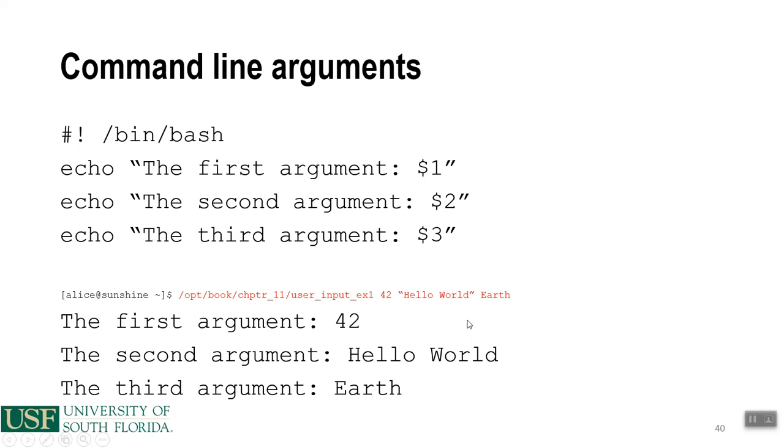So command line arguments. Say that we have this particular script right here. Shebang /bin/bash, echo, the first argument is $1, the second argument is $2, and the third argument is $3. If we go ahead and access that particular file, we can put in the values that we want for each of those variables.